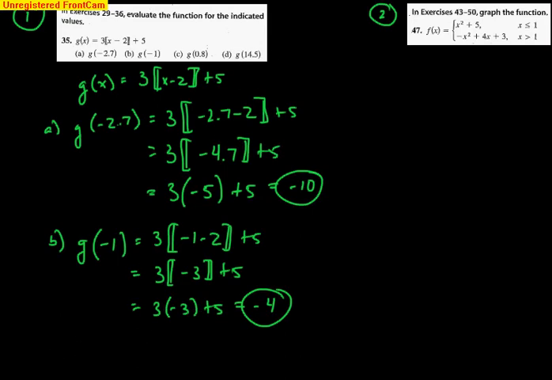Alright, then we'll do C. We won't do D. I'm sorry, we're going to do D, we're going to skip C. Skip C, I apologize. So D. G of 14.5 is 3 times the greatest integer of 14.5 minus 2, plus 5.